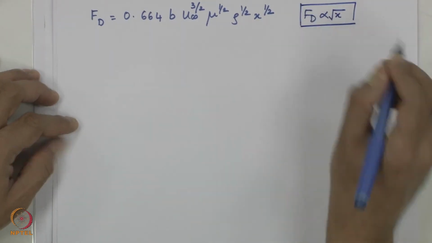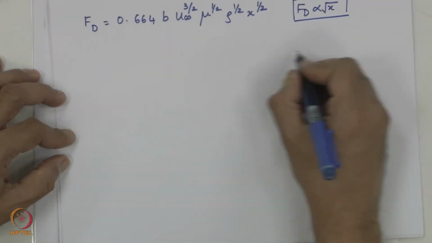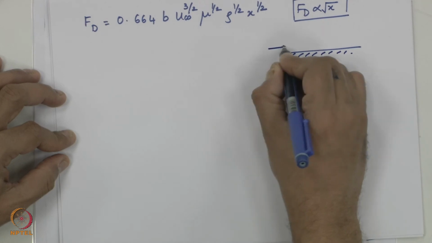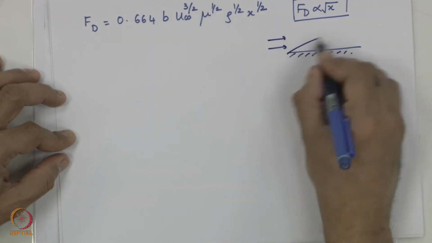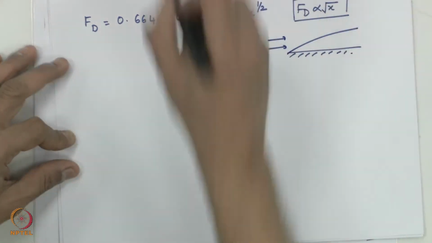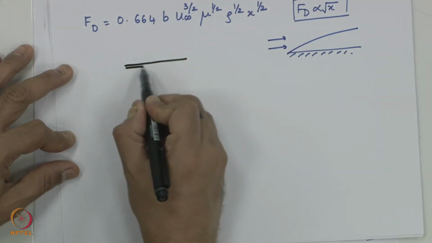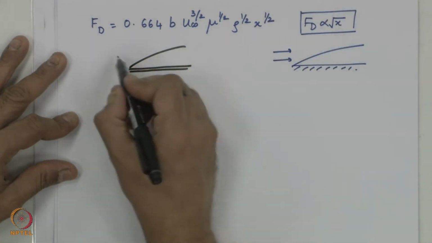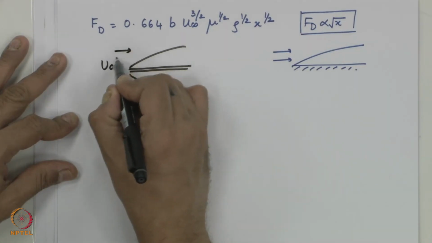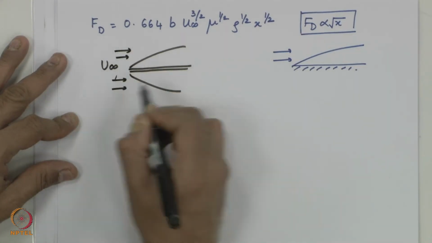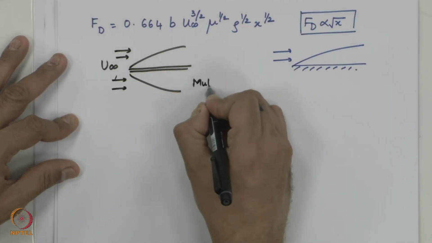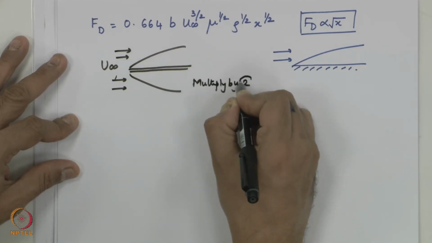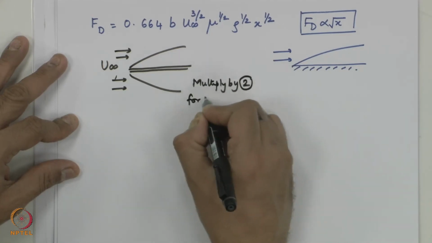This is if you take only one surface. You have drag if this is solid and the boundary layer is developing this way. If you had a plate with boundary layers on both surfaces, multiply by a factor 2 for 2 surfaces.